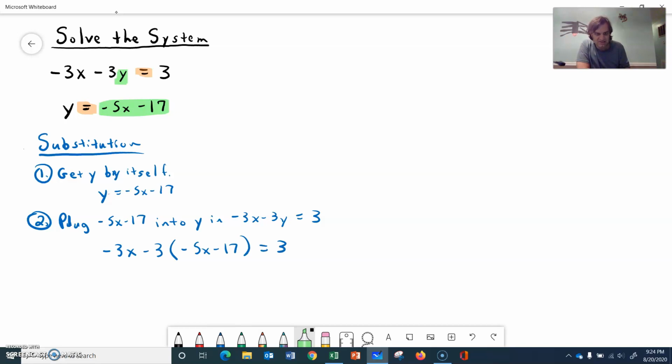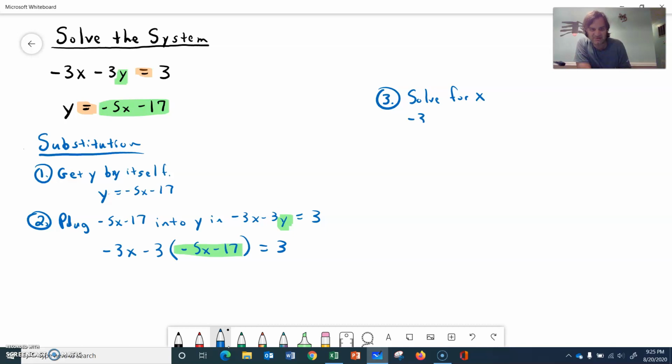Again, here I'm replacing the y with the negative 5x minus 17. So the next step is to solve this for x, since that's the variable that's in there. There's only one variable now. So I'm going to work on cleaning that up.